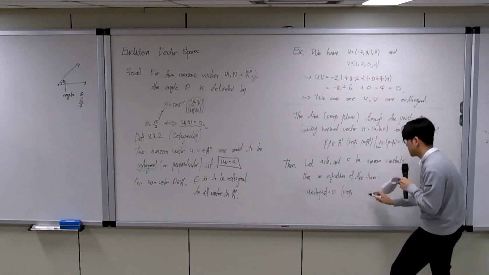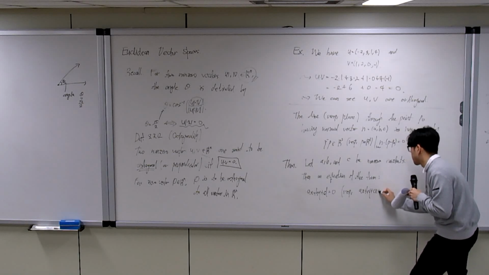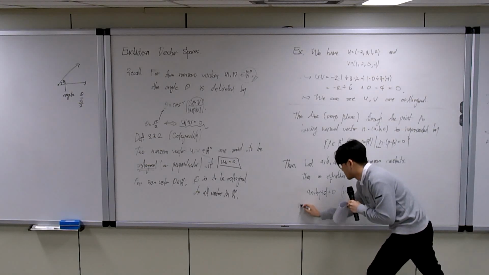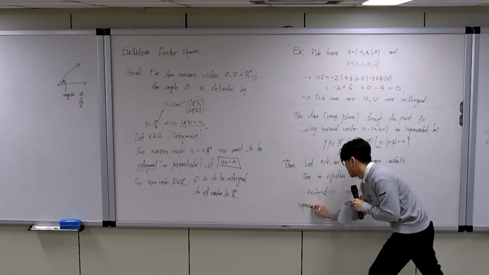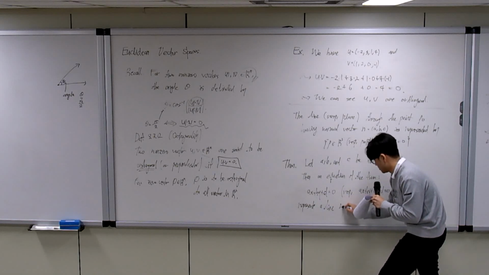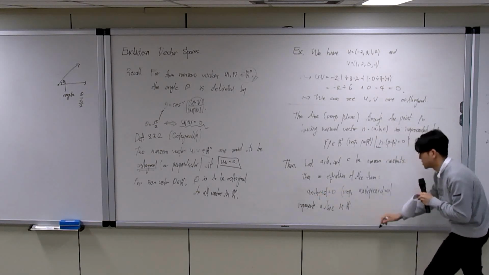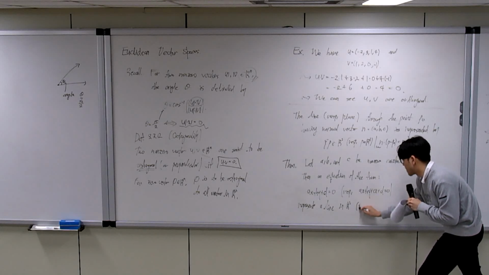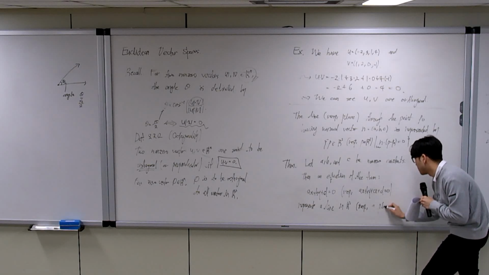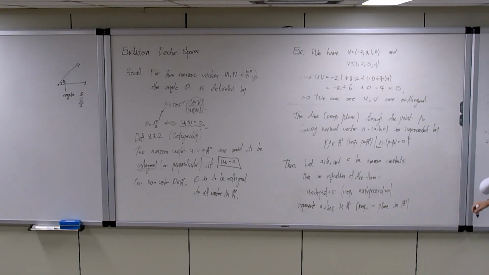In the plane case, we learned that the equation ax plus by plus d equals 0 will represent a line in R^2, with the x-axis and y-axis respectively, or a plane in R^3 with the axes x, y, z.